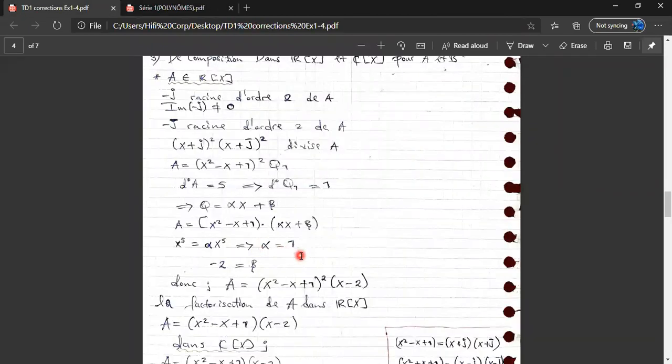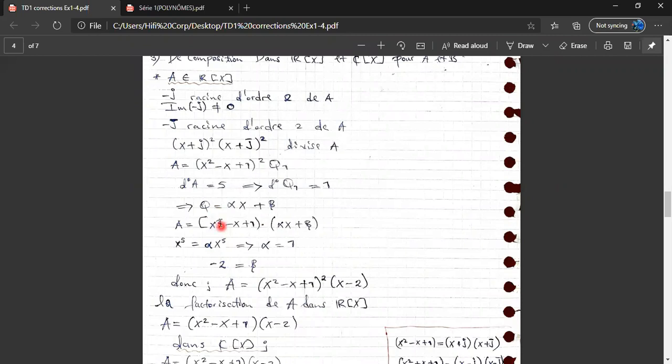Or you can use this equation. You say this R is x to the power 5. And for you to have x to the power 5, we multiply all these with just this thing, because we are finding alpha. And we realize that only the first part counts, because when you distribute, this will be x to the power 4.